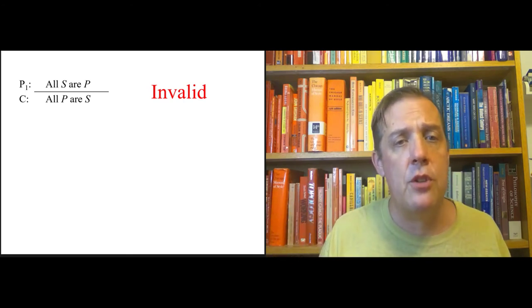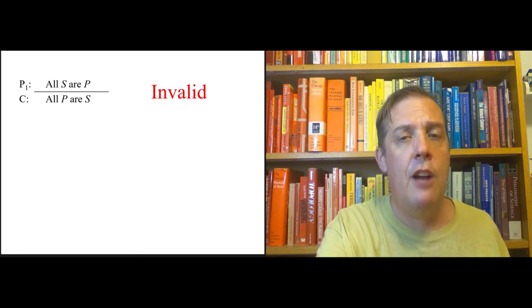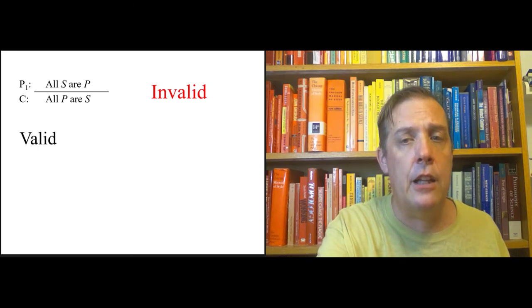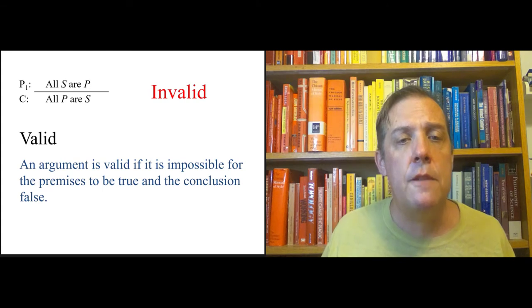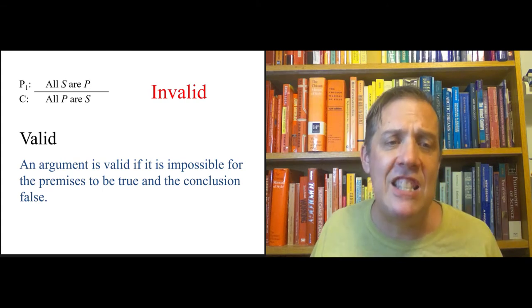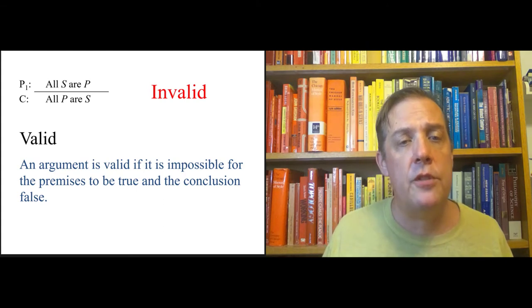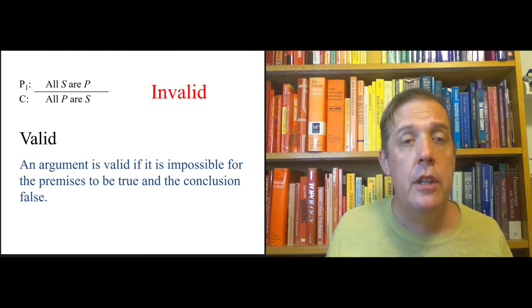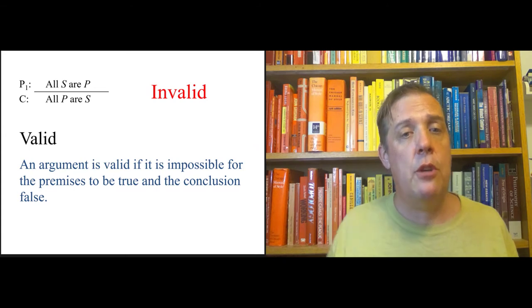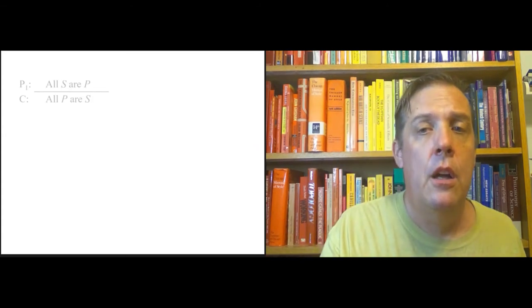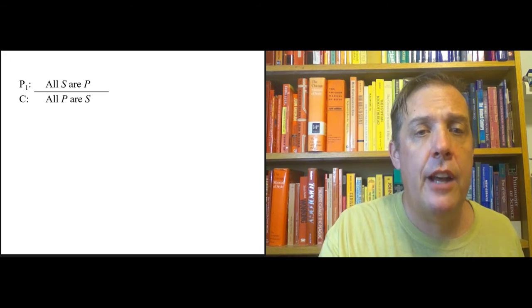We saw this with the dogs are mammals example. And remember the definition of the word valid. An argument is valid if it is impossible for the premises to be true and the conclusion false. But in this case, it is possible for the premises to be true and the conclusion false. Right? So this is an invalid argument.